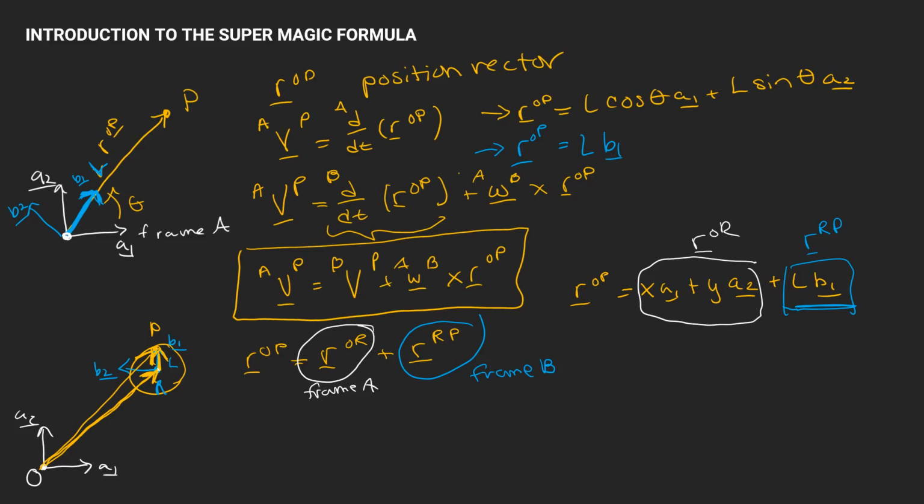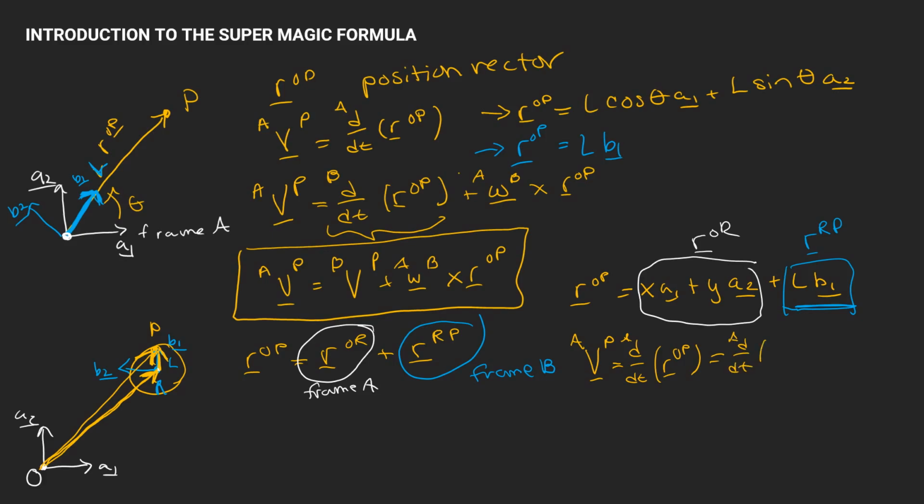You may also remember that when we wanted to calculate the velocity in this example, the velocity of point P in frame A, of course we take the time derivative in frame A of ROP, and because we were using the magic formula, we divided these terms up.